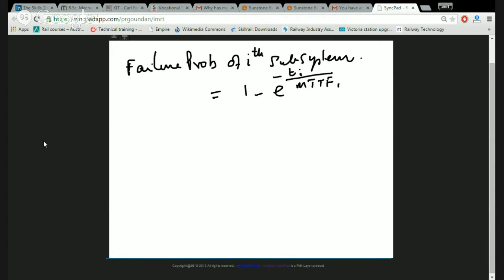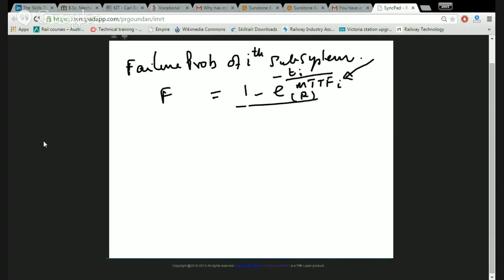General equation: this is r, and 1 minus r is the failure probability of the ith subsystem. Why we have started with this equation is, our aim is to find this. I know the overall MTTF. How do I get this individual MTTF? That is my purpose. So that is why I start with this equation.